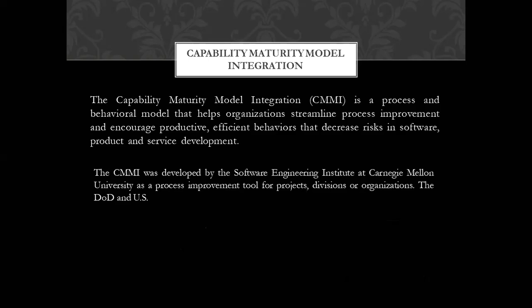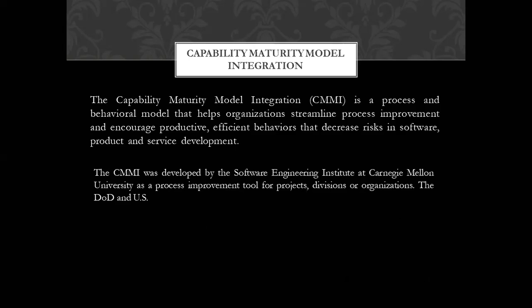The second one is your CMMI, which gave some improvised processes and improvised levels, in which more key process areas were added. If the organization is following CMMI, that means it is a little bit more advanced, you can say.